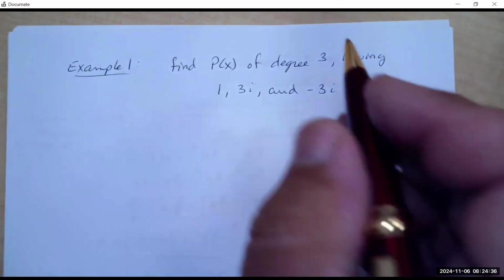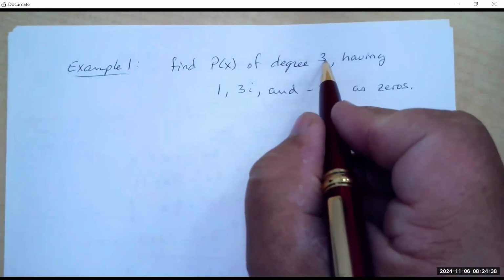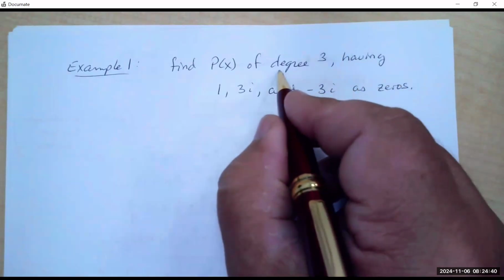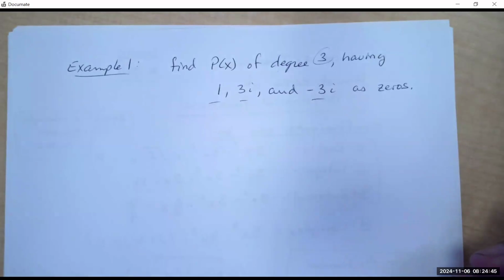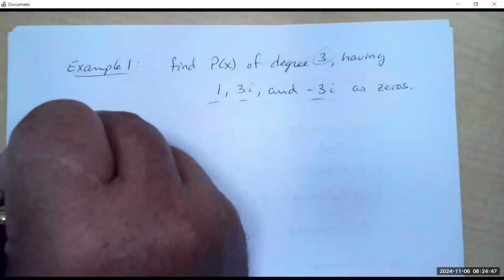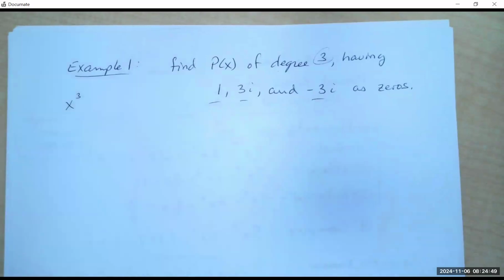So this question is asking us, find a polynomial of degree 3, which means we have 3 possible solutions. 1, 2, 3, check. When we finish, the highest exponent we'll have is 3. Remember, the highest exponent is the degree.